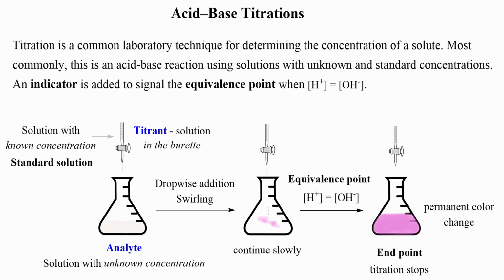That's what we call the endpoint. At this endpoint, we assume that even the addition of one drop is negligible. The amount of excess titrant is negligible to the calculation, so we just assume that the volume is equivalent to the equivalence point of the reaction.